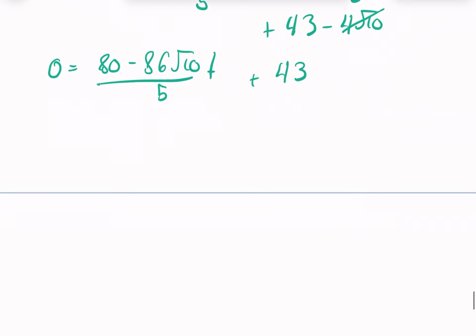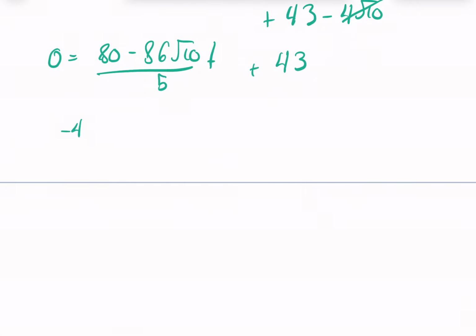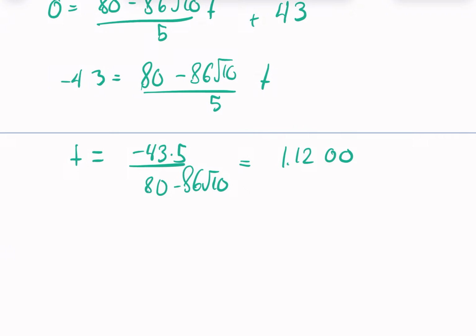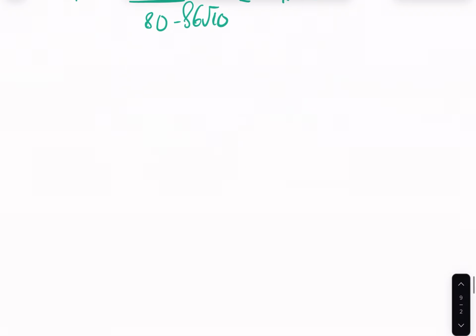Okay? And so then we get negative 43 equals 80 minus 86 root 10 over 5t. After we isolate, we get t equals negative 43 times 5 over 80 minus 86 root 10. And this equals 1.1200. Cool. So that's problem number 6.